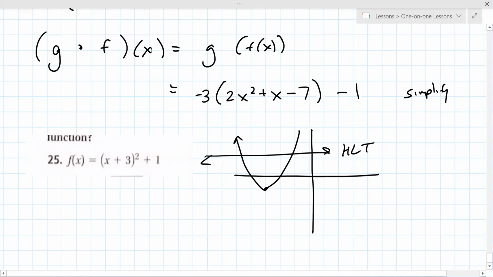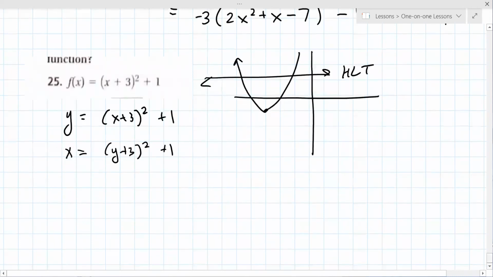So that's a little weird, but that's not what I think the instructor wanted you to do here in the textbook. To find the inverse, you have to switch x and y. And when you switch them, you then have to solve for y. So subtract 1 from both sides. You take the square root, it's square root of x minus 1.